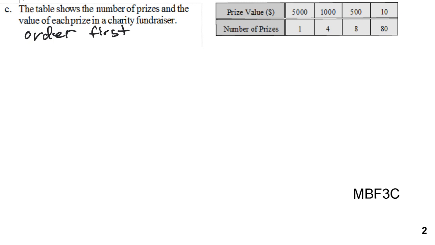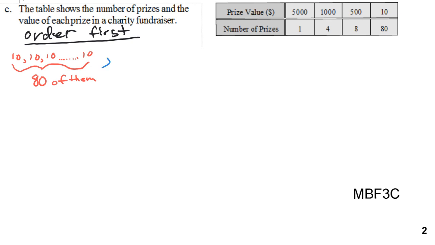And since we order it, we're going to look at the smallest number. We're going to start with 10. So let's write that out. 10, 10, 10. I can't possibly put all the 10s there. So let's just say that there are 80 of them. Okay, and then we'll do another color for our 500.